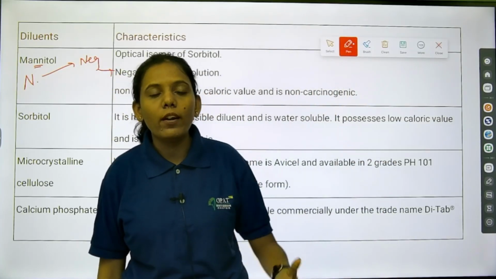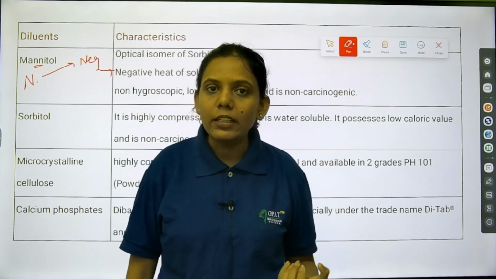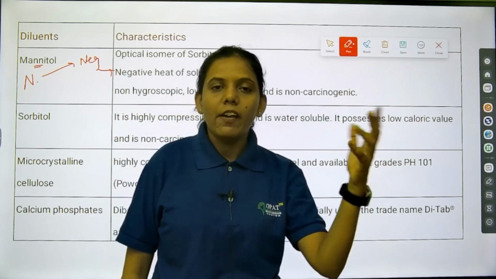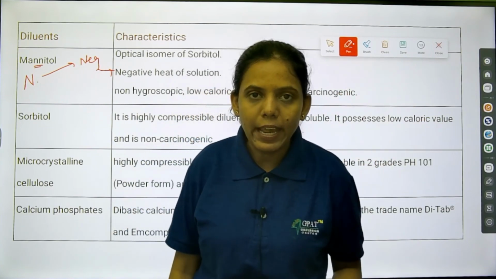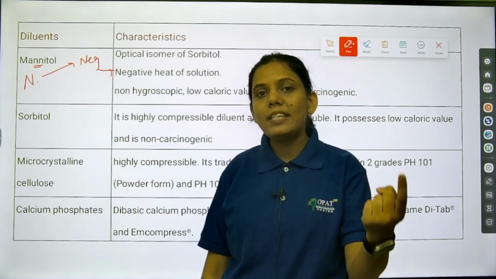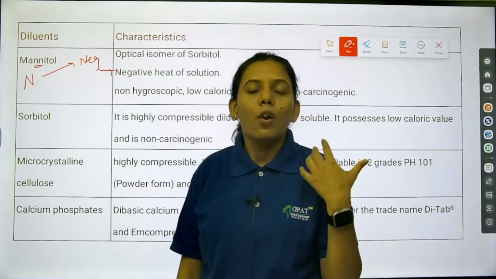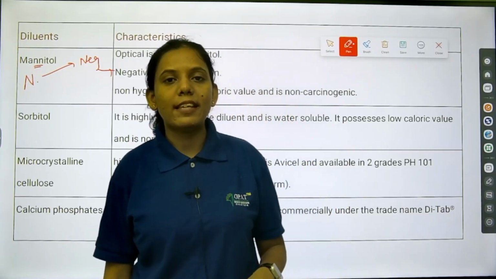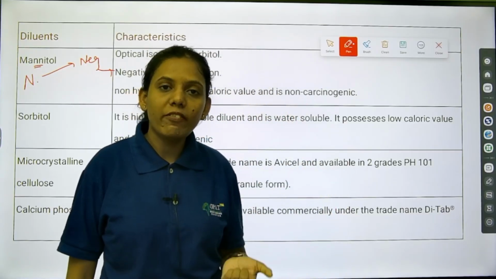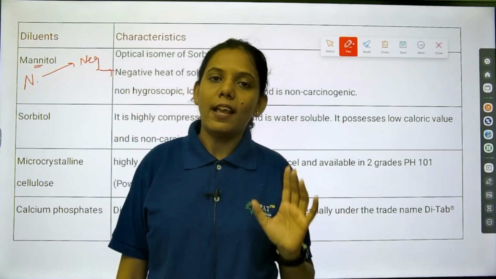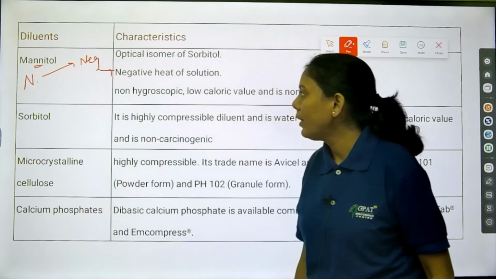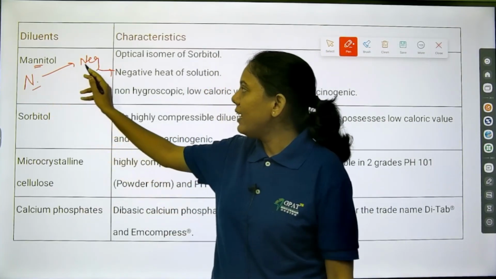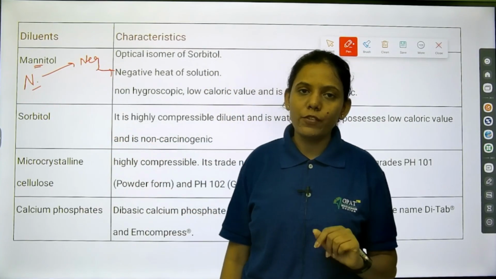Negative heat means instead of absorbing the heat, it will release the heat, which is nothing but an exothermic reaction. That means it is releasing the heat, that means it gives a cooling sensation. And that is the reason, because it gives a cooling sensation, in most of the chewable tablets we use mannitol as the artificial sweetener. So the first letter is N, it has negative heat of solution.